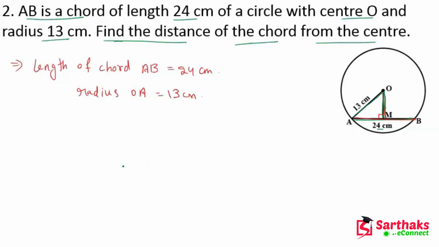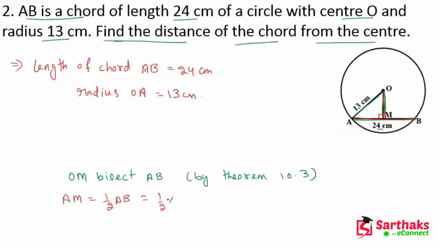OM bisects AB, this is by theorem 10.3. So we can write AM is equal to half of AB. We have AB is 24, so this will be 12 centimeter.